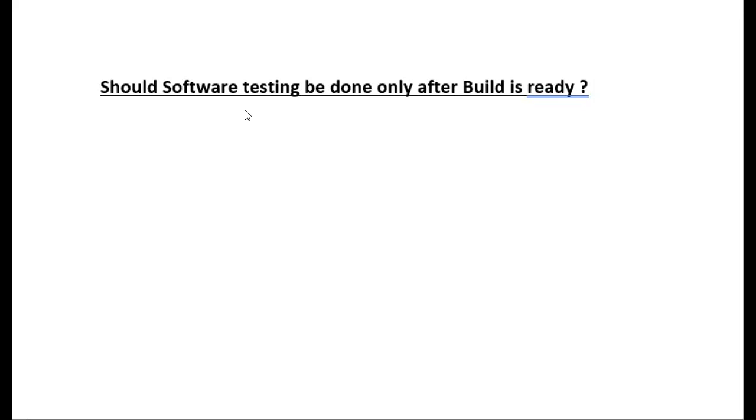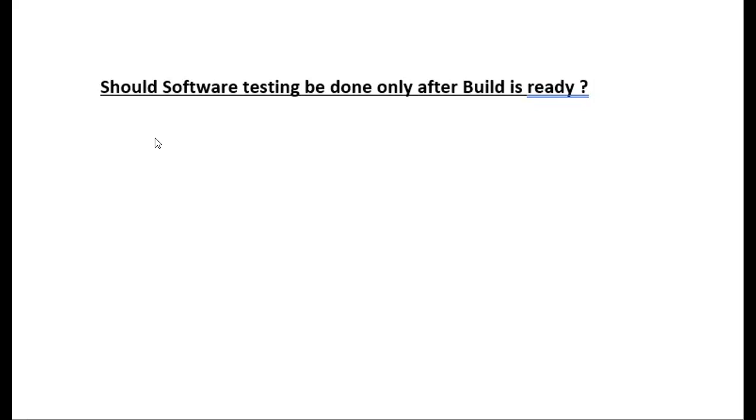Testing after the code and build are done is a traditional approach, and many companies have improved this philosophy so that they start at a very early stage. Testing should occur in conjunction with development. Let's start with the requirement phase and discuss each and every phase of the SDLC.